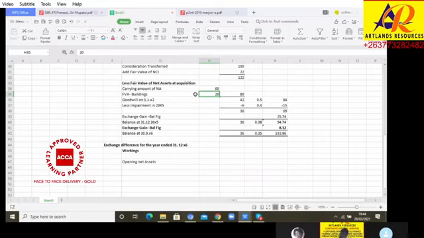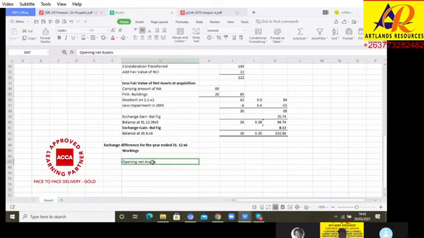Now we dispose of the assets after 4 years, which is 20x6. So this building has depreciated for 4 years, meaning 20x2, 20x3, 20x4, 20x5. So by the end of 20x5, it is depreciated for 4 years.